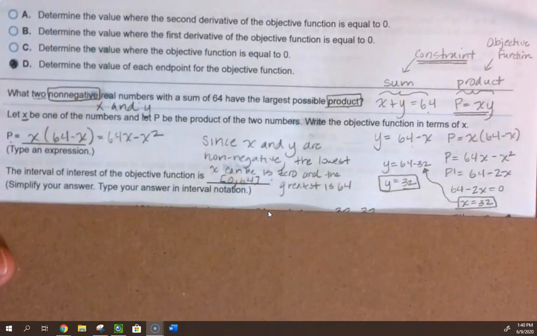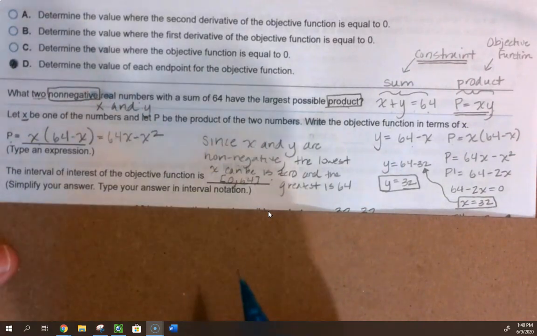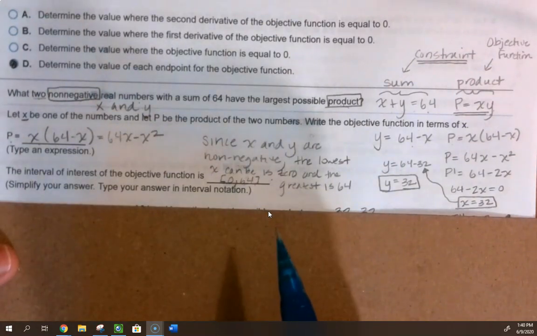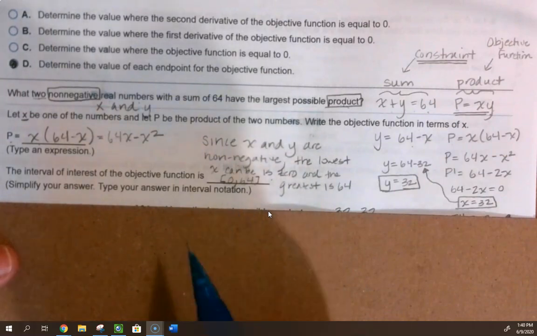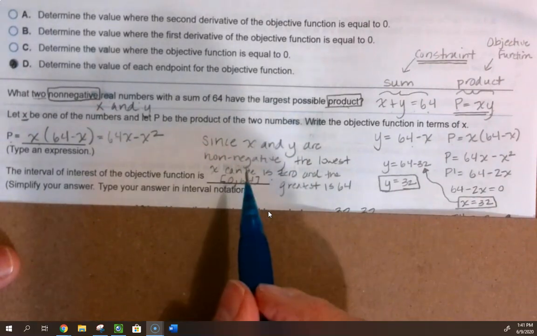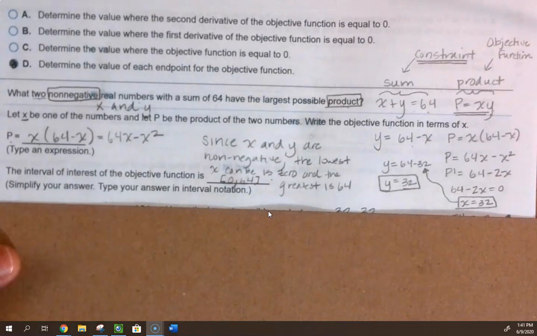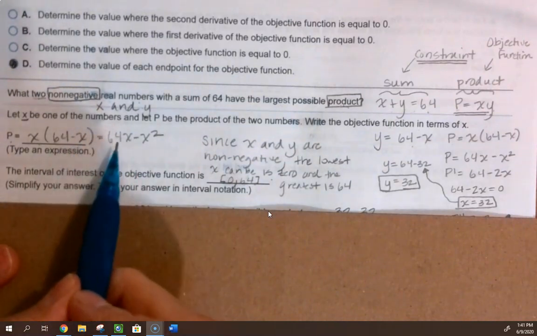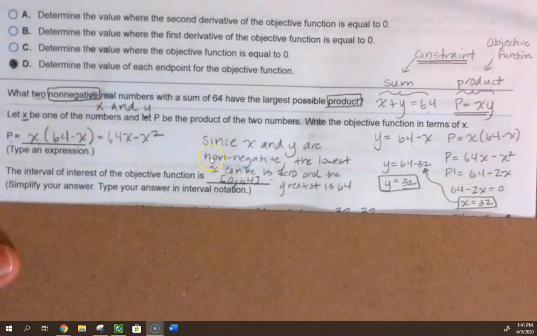Next thing in the process, and it is a little bit weird sometimes, is finding the interval of interest. Basically, we're trying to find what values of x we can put in here and stay within the constraint.